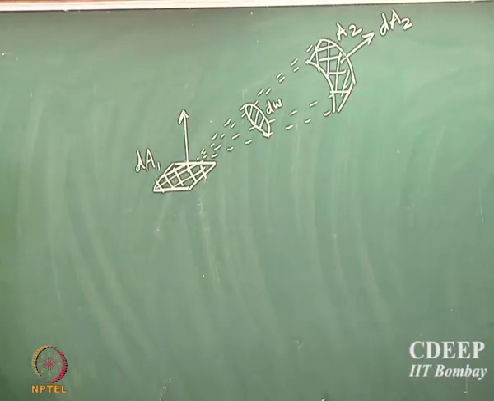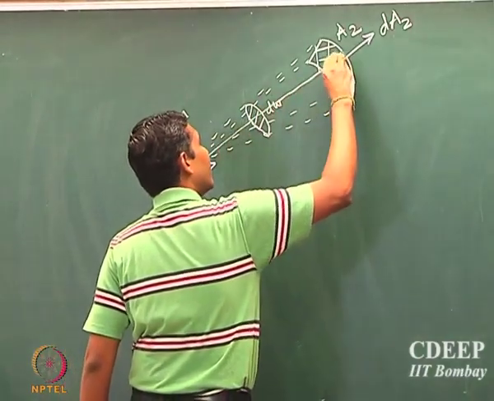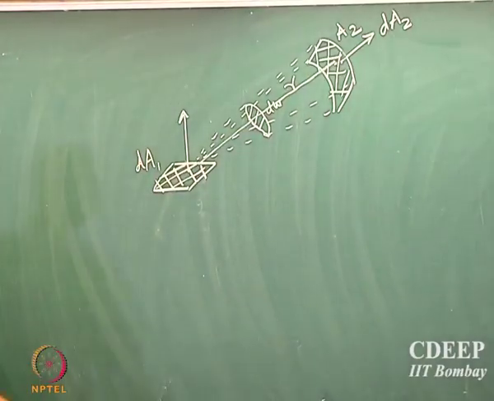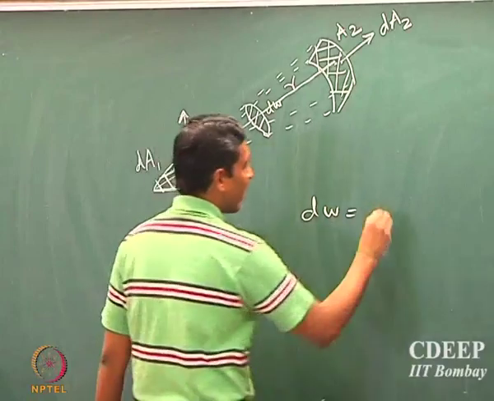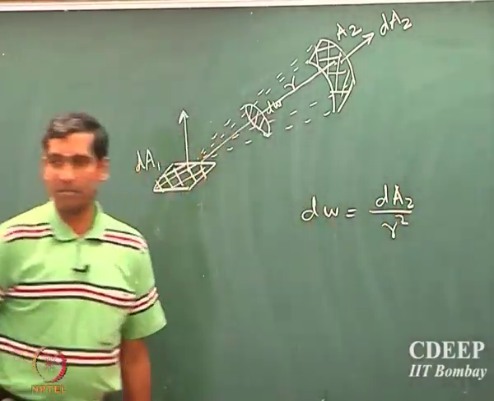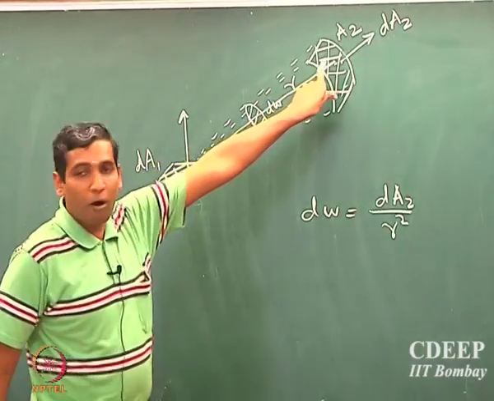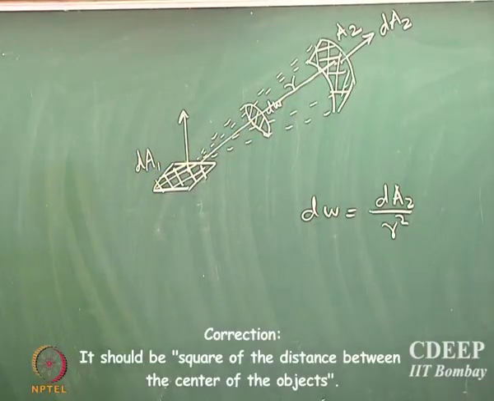The way I do that is, supposing the linear distance between the centers of these two is r, d omega is essentially defined as dA2 by r square. So, this is the definition of solid angle. This is the area of the object divided by the square of the distance between the centers. Is that clear to everyone?